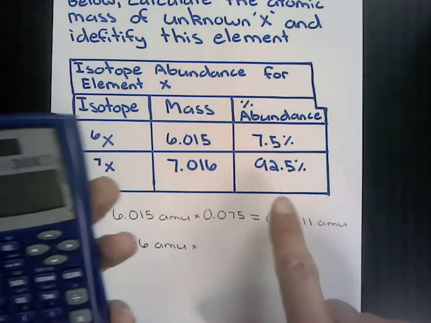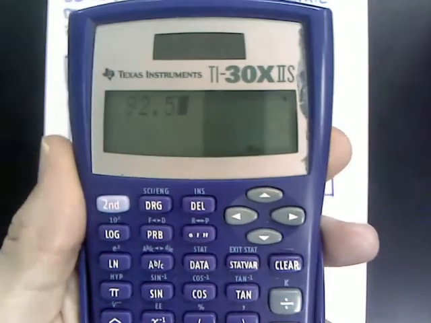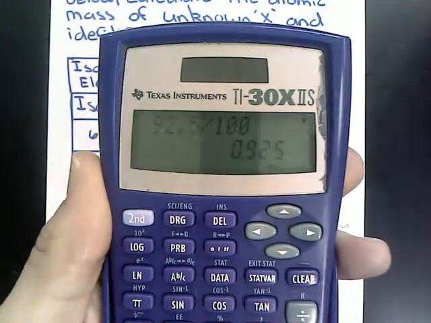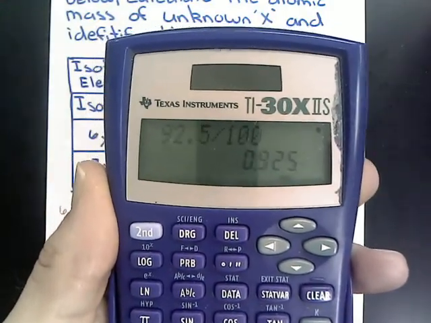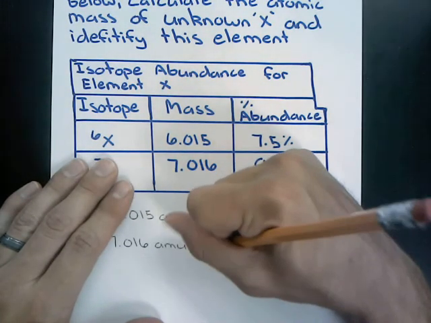So again, we have 92.5%. In our calculators, we have 92.5 divided by 100, and that gets us a decimal of 0.925. And that is what we're going to multiply this by.